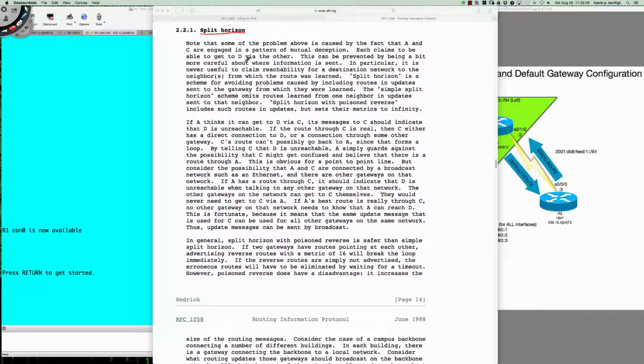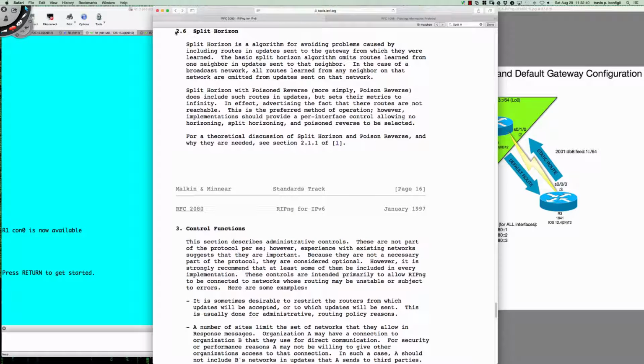This is really good information, and it dates back to 1988, when they were writing the RFC for RIP and discussing what is split horizon, what is poison reverse, and theoretically how those would function. So again, RFC 1058, section 2.2.1, I would definitely take a look at that.